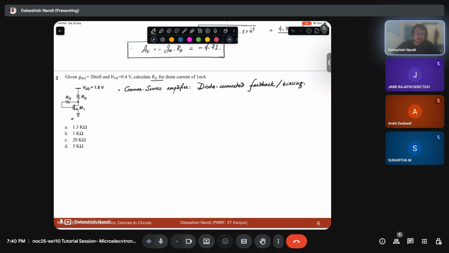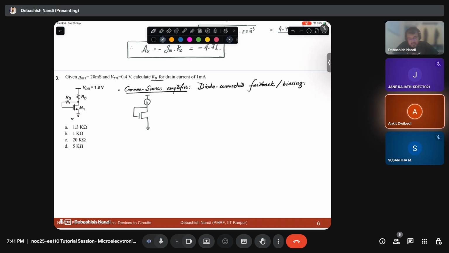So why is this advantageous? Let us ignore the RG for the time being. For example, you are connecting your device something like this. So why is it helpful? My MOSFET is always in saturation because the gate and drain are at the same potential.